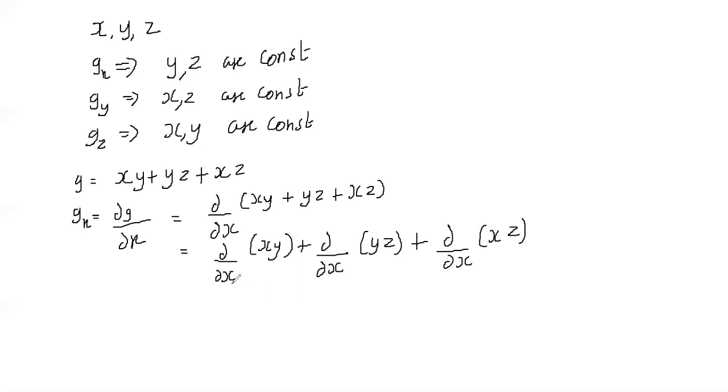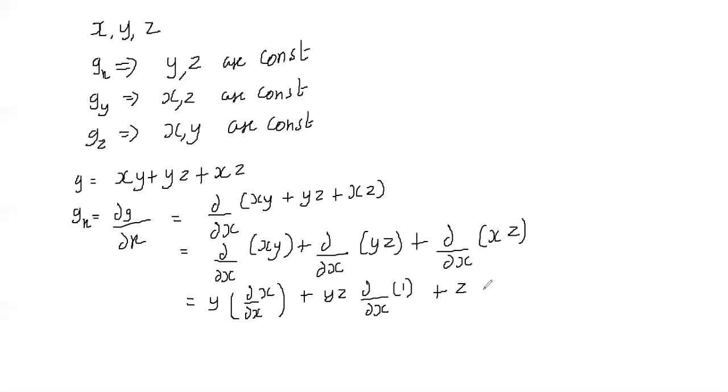See what we have, when you are differentiating with respect to x, what are the constants? y and z are constant. So take out the constant. So y will be coming outside, and what will be left? Dou by dou x of x. Then write down the second one. y and z are constant, we take out y and z, and dou by dou x of the remaining, which will be 1.